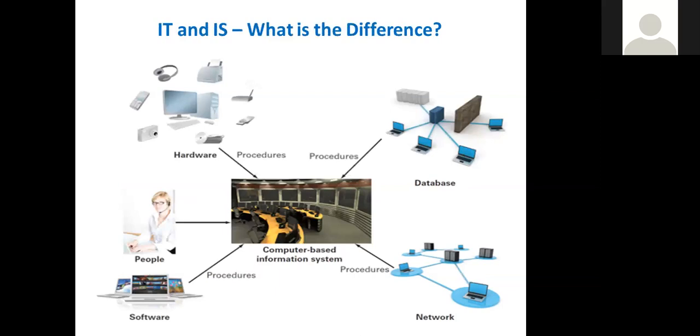When you are talking about an information system, it is basically a computer program that has been written to perform a particular task or a number of tasks. So an information system needs to be coded by programmers, by computer scientists, to do whatever it is doing.